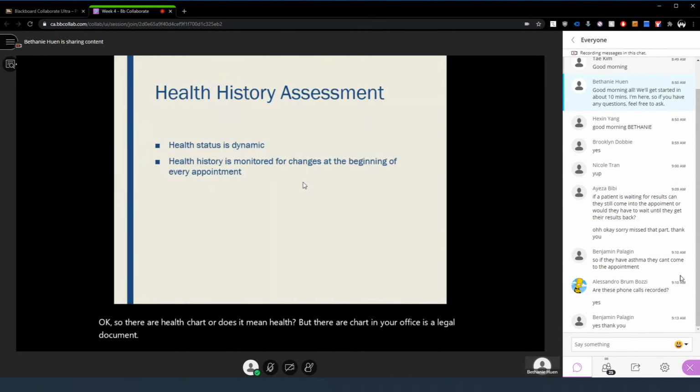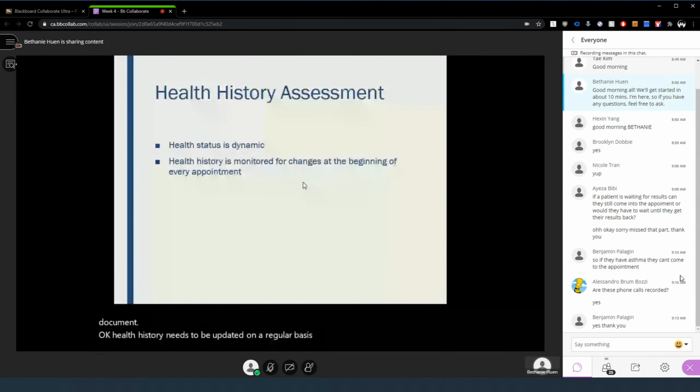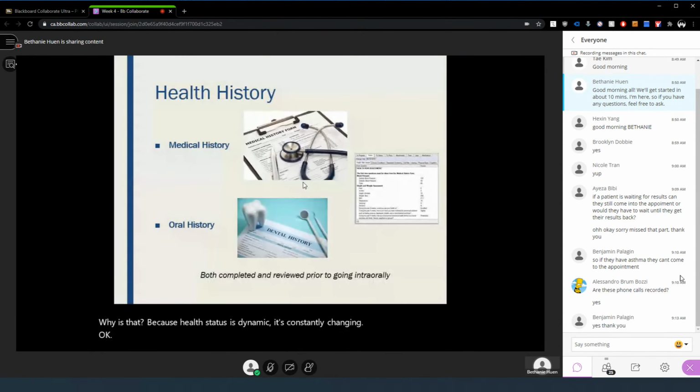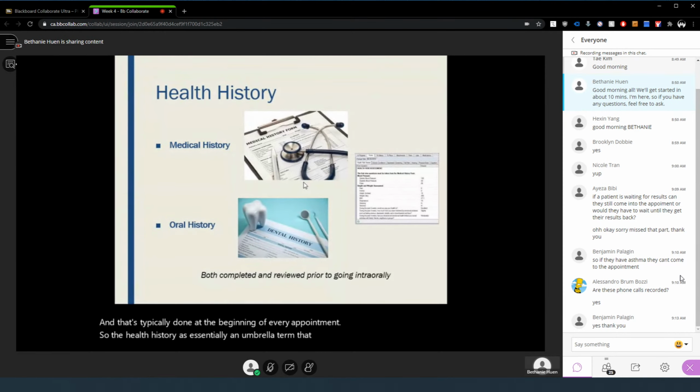The health history needs to be updated on a regular basis, essentially at every appointment. Why is that? Because health status is dynamic. It's constantly changing. And that's typically done at the beginning of every appointment. The health history is essentially an umbrella term that encompasses two things: a medical history as well as an oral history.